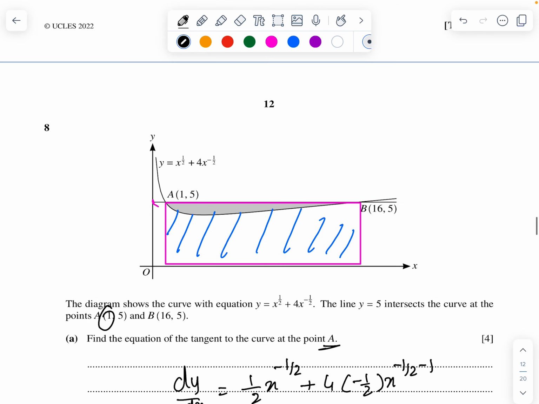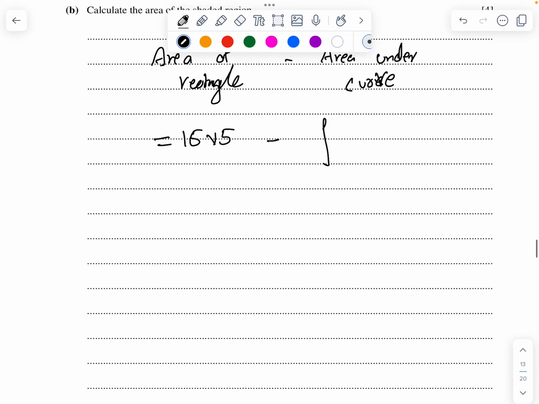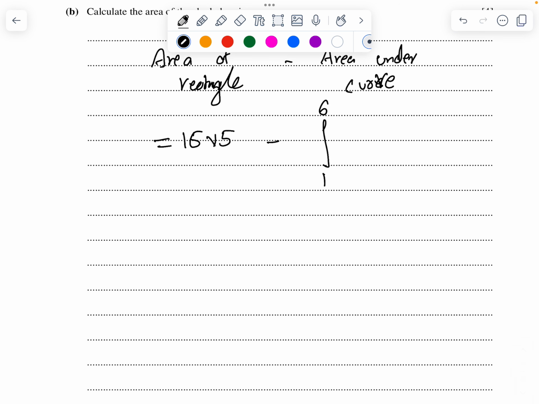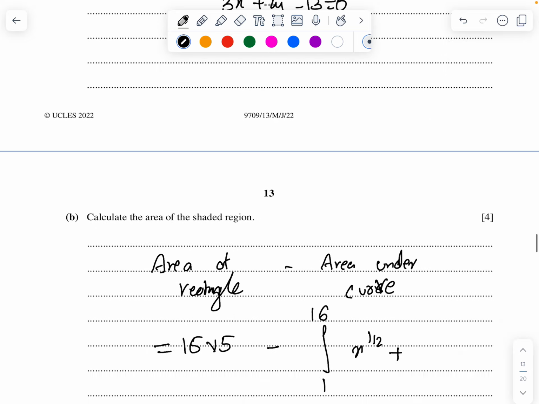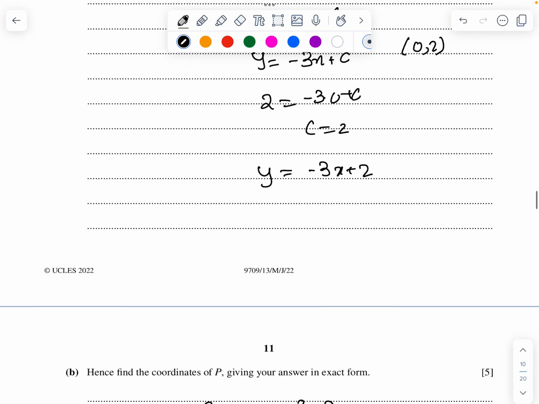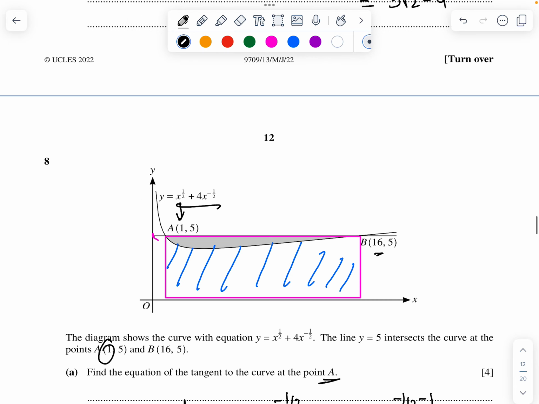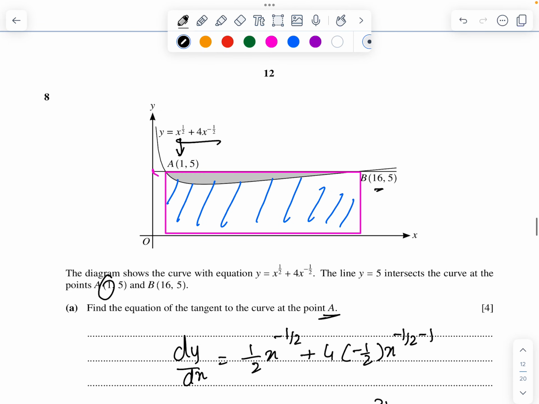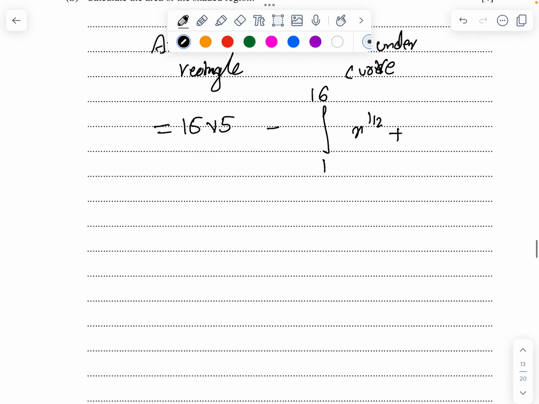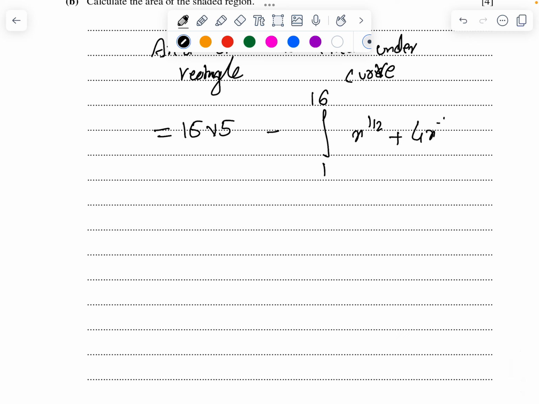From what are the values of x? x is from 1 to 16, and the curve equation is x to the power of half plus 4x to the power of negative half dx.